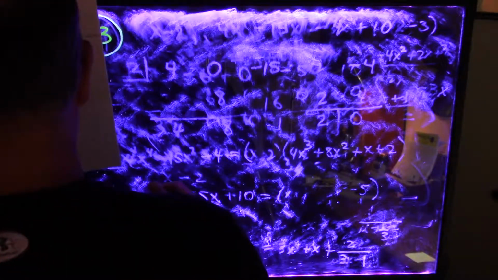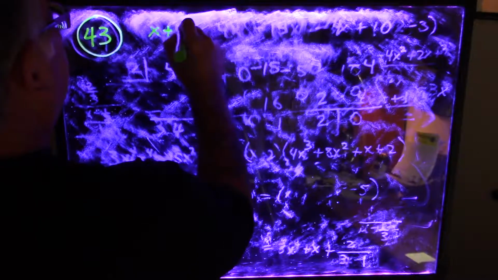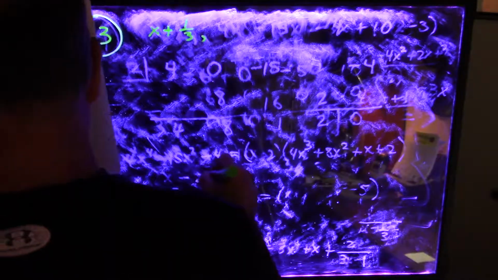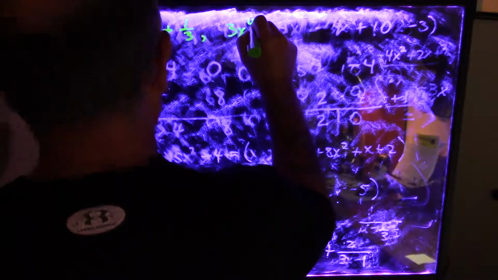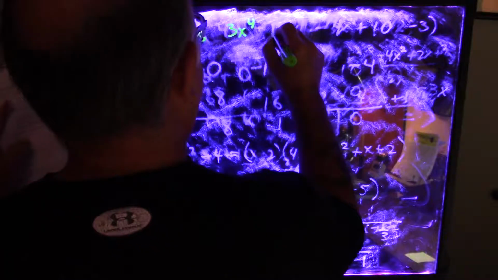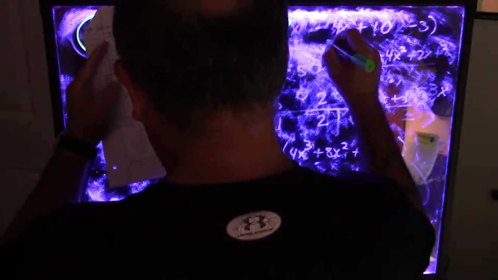We've got x plus 1/3 and 3x to the fourth plus x cubed minus 3x plus 1.